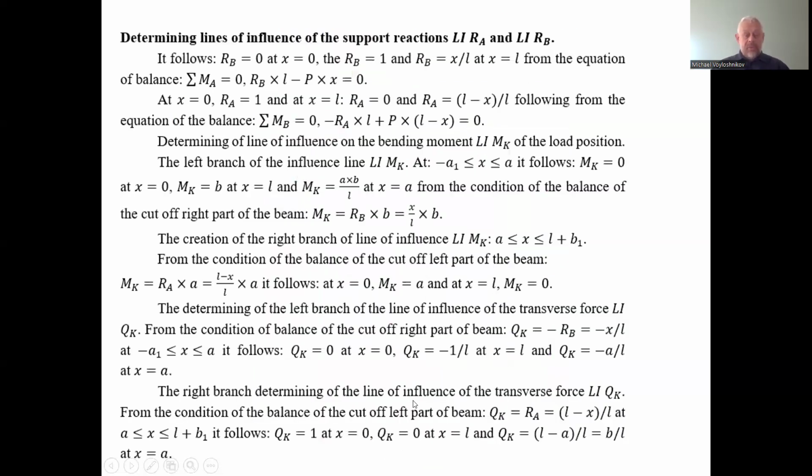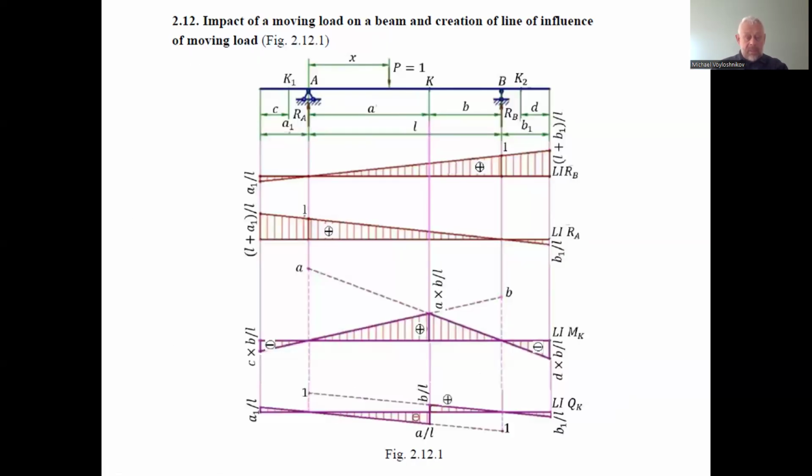The left branch we consider for x between minus A1 and A. Minus A1 is the left end of the beam, where A1 is the size of the console part of the beam, and A is the distance from support A to the arbitrarily chosen point K.